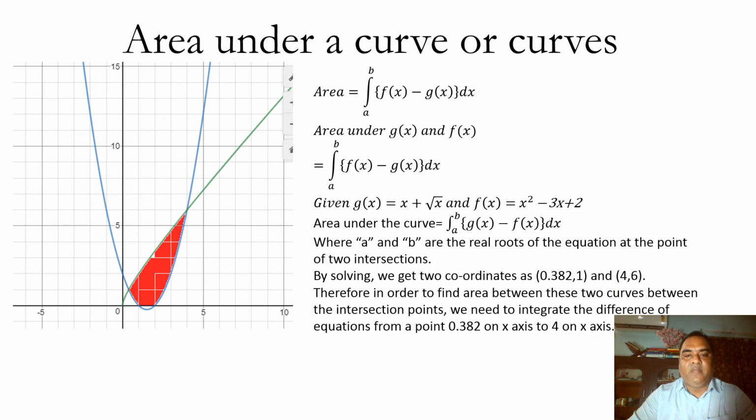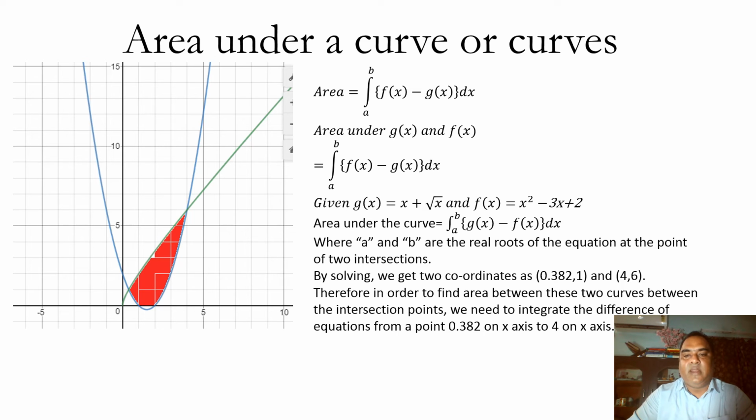And we go on applying the formula in the same way. In this case, we have to compute the area in the direction of x. Then we will have bounds as 0.382, which is the first point of intersection, and 4, which is again the second point of intersection in the direction of x.